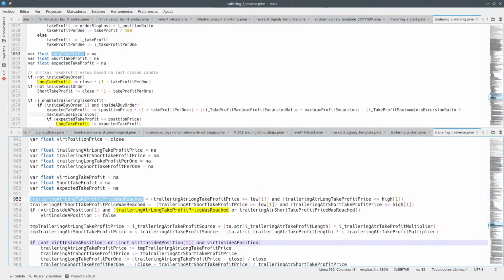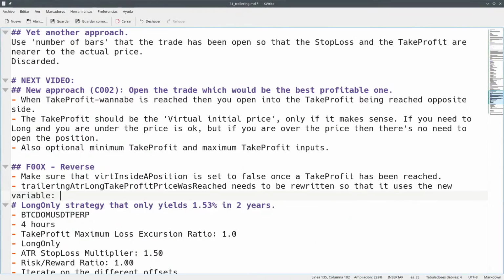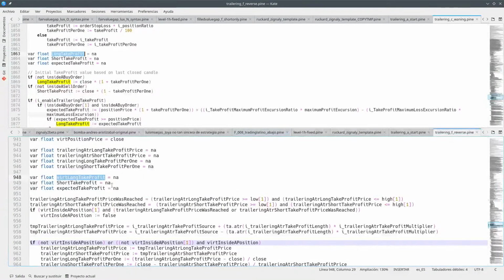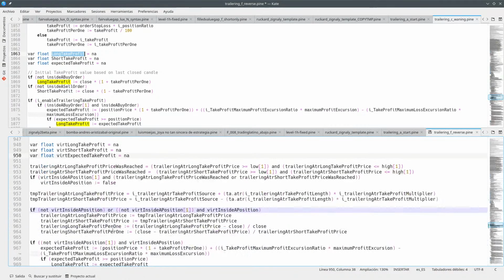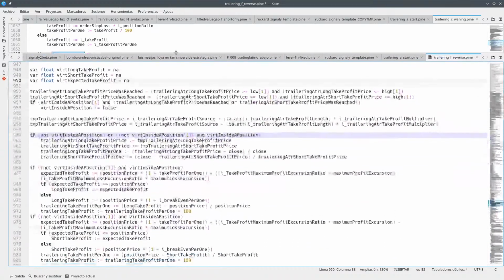The new variable is virtual long take profit. Okay, so we have virtual short take profit and virtual expected take profit.